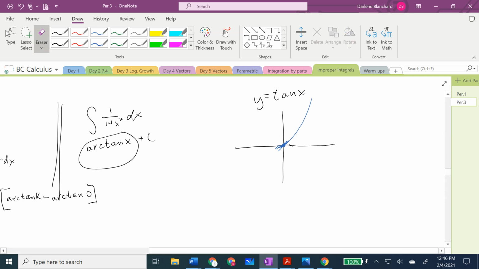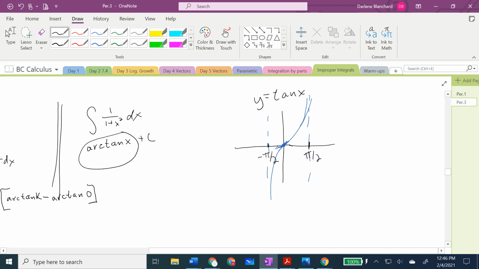Anyway, where are those asymptotes? It's important that you know that. Yep, pi over 2 and negative pi over 2.